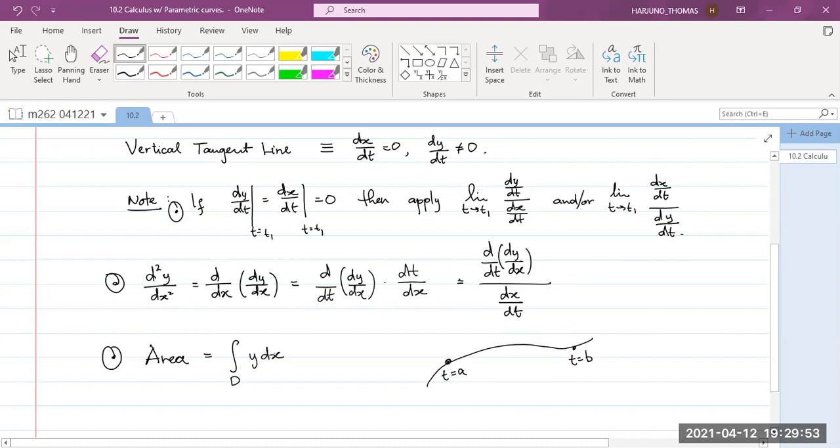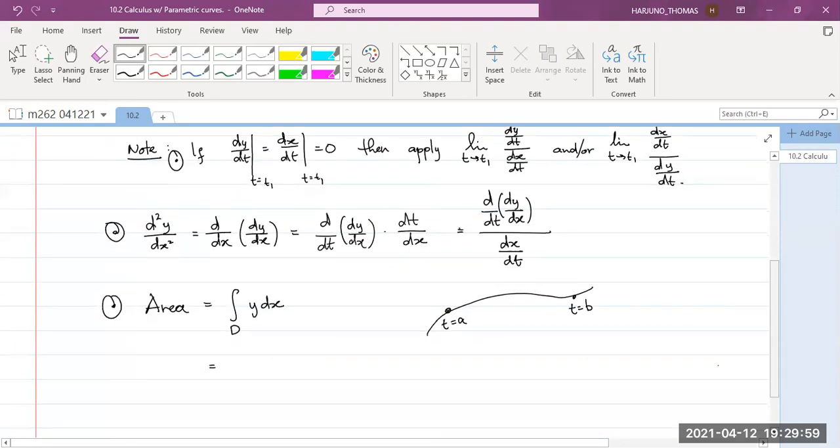That's what we learned before. However, we will parameterize the y, that's basically y(t), and the dx is basically dx dt times dt, where t is from a to b.